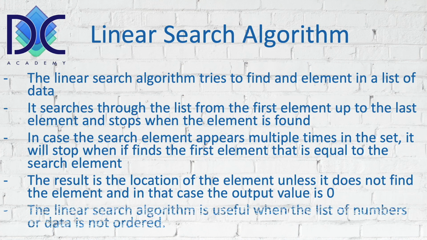Now, the linear search algorithm is very useful when we have a list of numbers or data that is not ordered. Once it is ordered, we don't have that problem; we can do it in a different way. Now we go through the list one by one until we find the element or not.